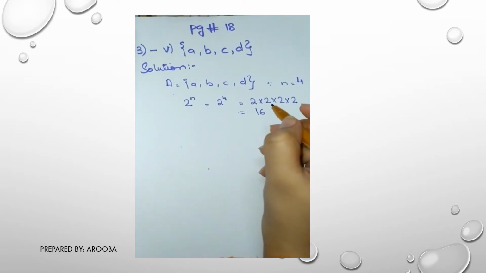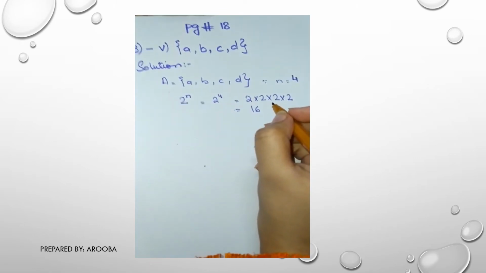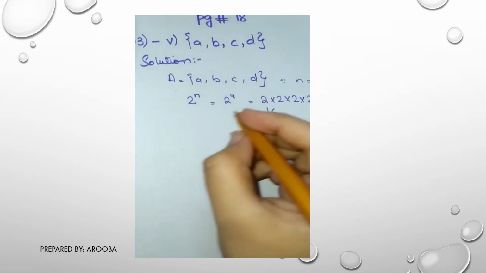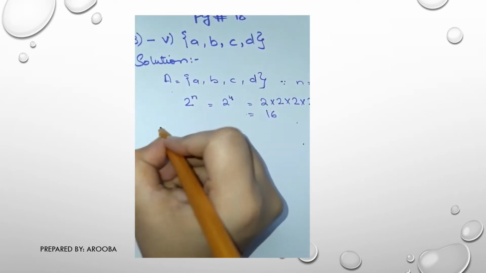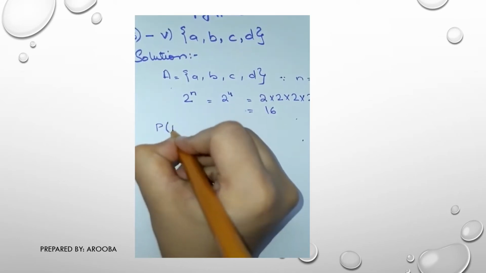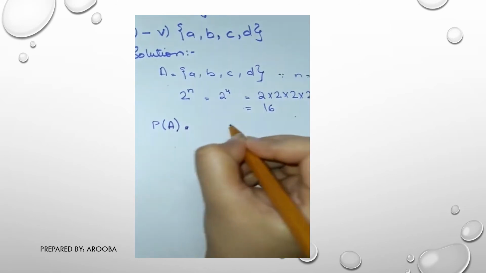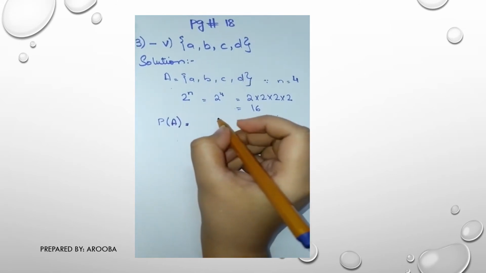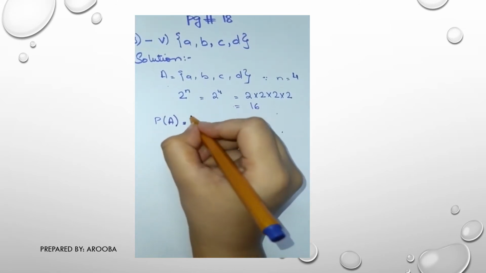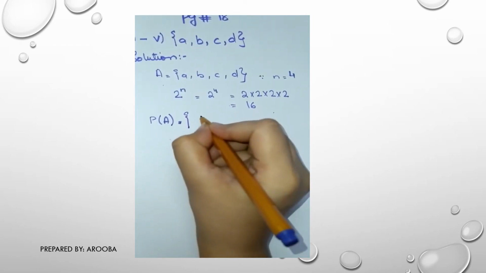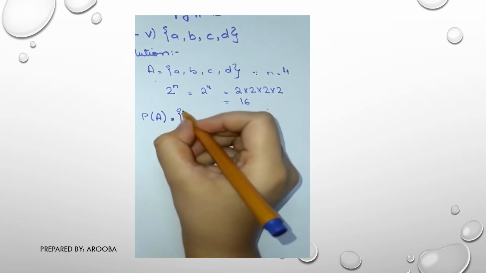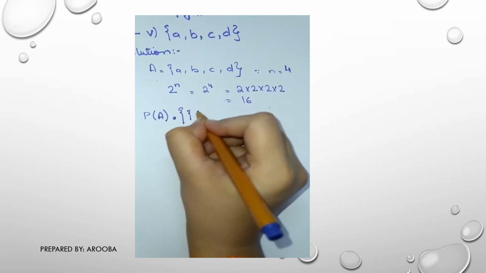Now let's start generating our subsets. P, that denotes power set, and set A, that is the original set. Let's start. First subset is an empty set.